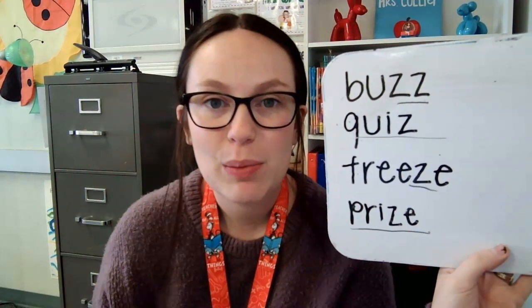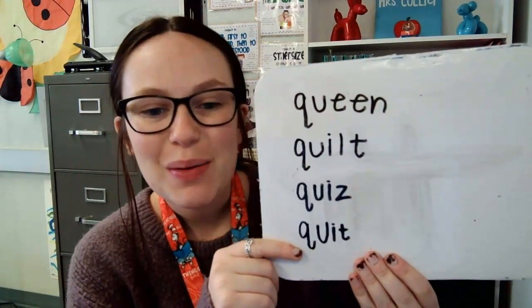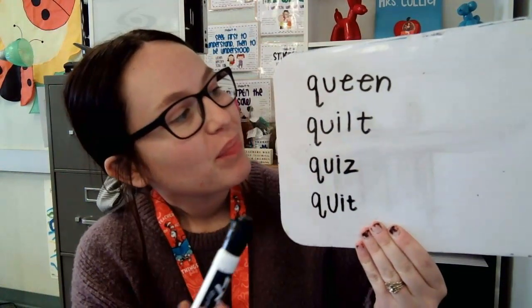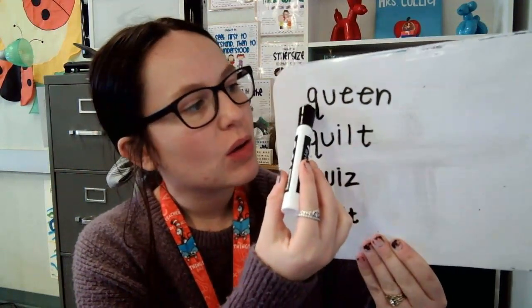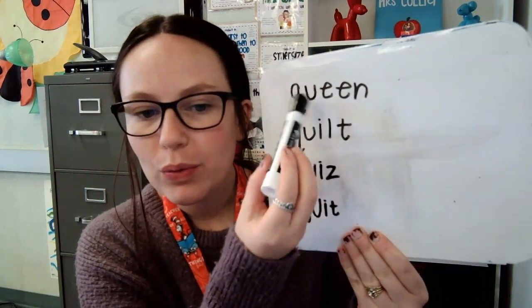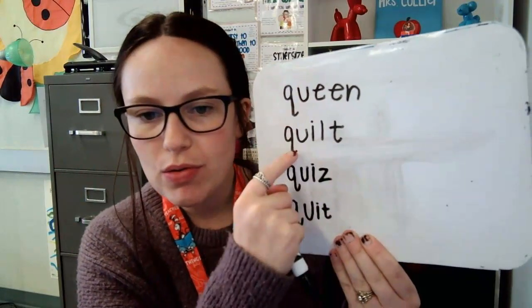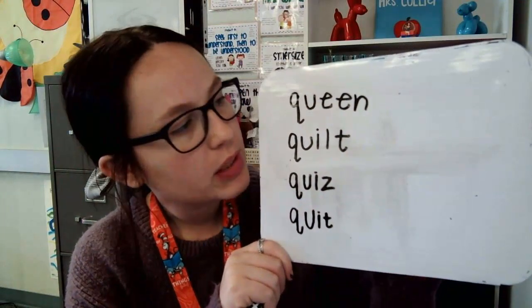Now let's look over some words that have the qu sound in it. Our first word, this is the one from our alpha friends. This is queen. So it has the Q-U in the beginning of each of these words for the qu sound.